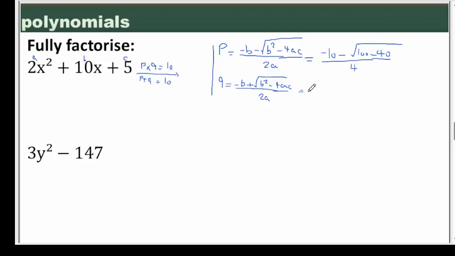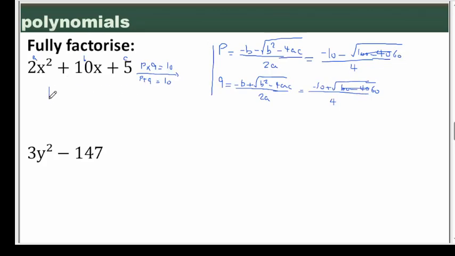Q would be the same, but only this sign would be changed. Negative 10 plus the square root of 100 minus 40, over 4. 100 minus 40 gives me 60. So let's write it.